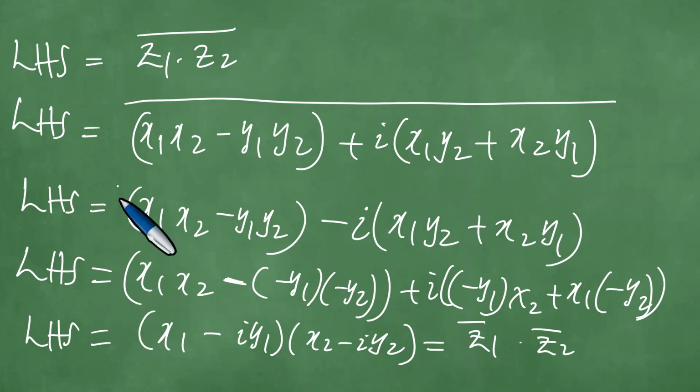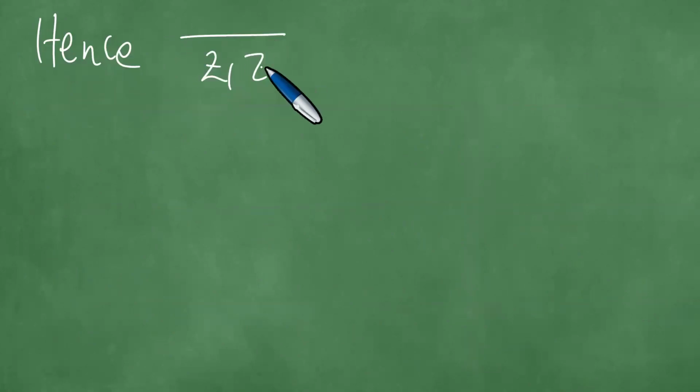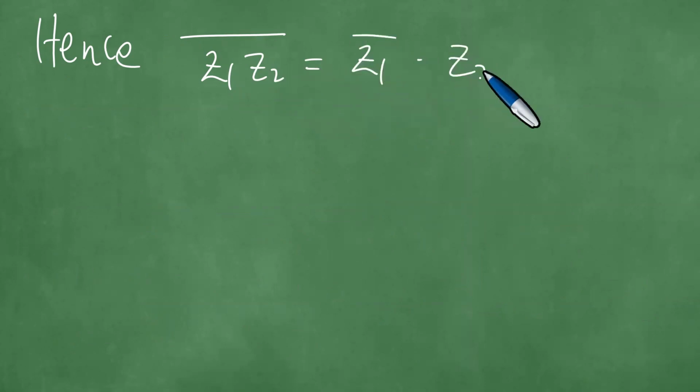What we have been able to establish is that the complex conjugate of a product is the product of the complex conjugates.